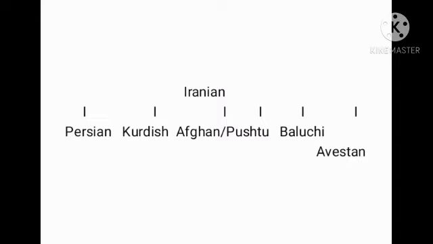Now let's discuss Iranian. Iranian includes modern Persian and neighboring languages such as Kurdish, Afghan or Pashto in Afghanistan, and Baluchi in Baluchistan, and also Avestan, the language of Saint Avesta. Avesta is a sacred book of the Zoroastrians.